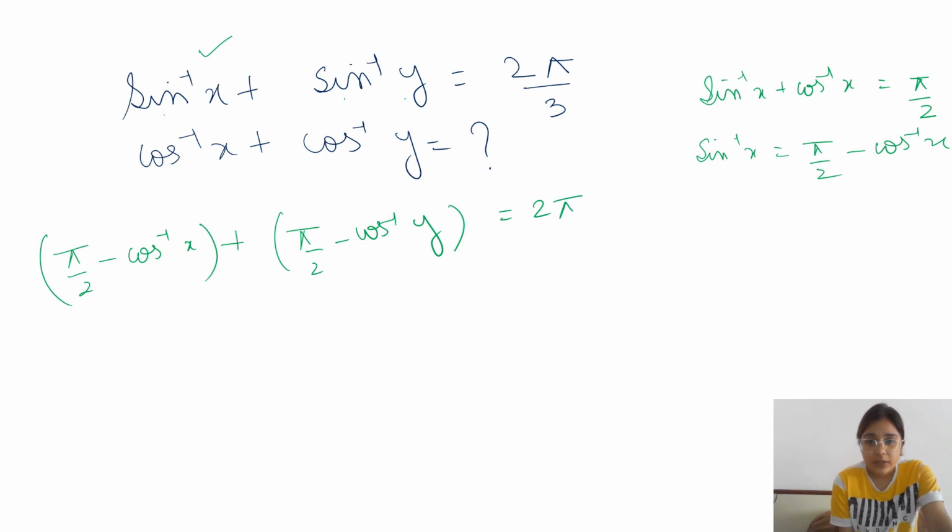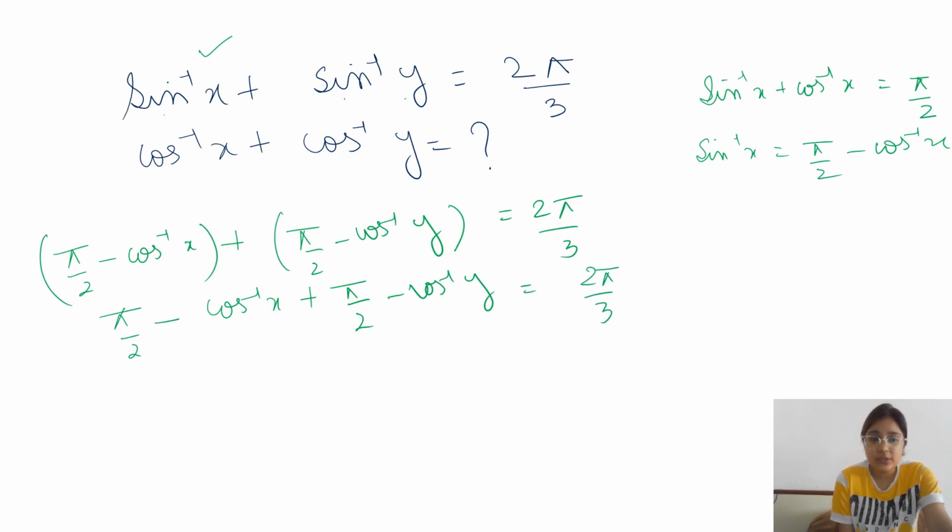Now I will open the bracket: pi by 2 minus cos inverse x plus pi by 2 minus cos inverse y is equal to 2 pi by 3. So these pi by 2 will be added. It will be 2 pi by 2, which is pi, minus, I will take the minus sign common from cos inverse x and cos inverse y.